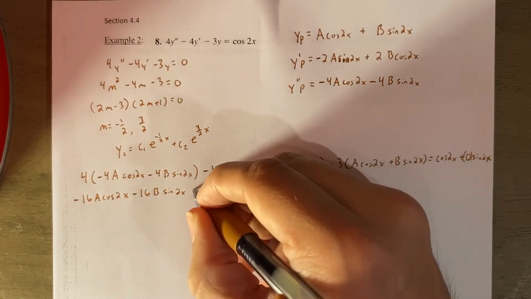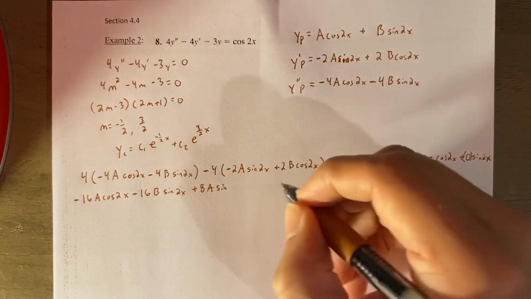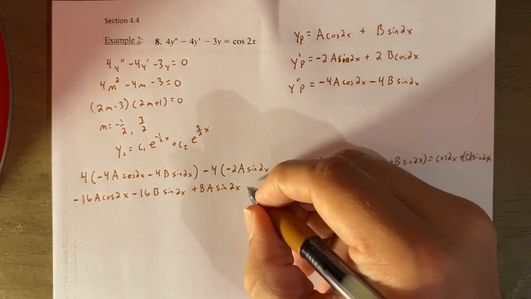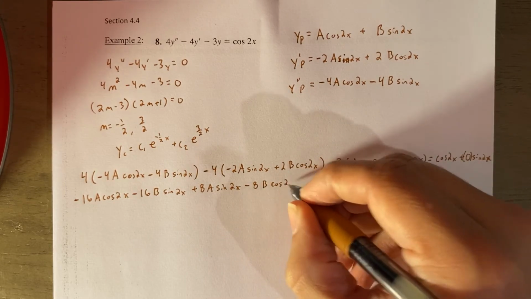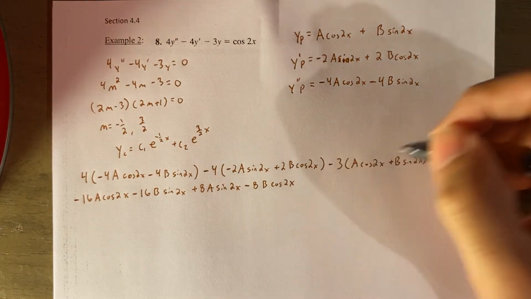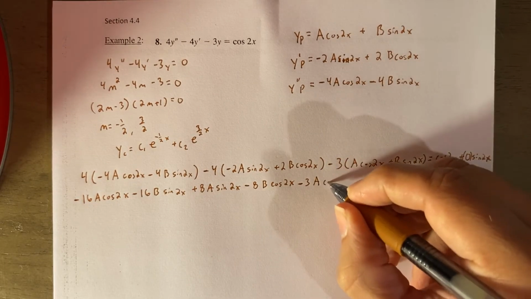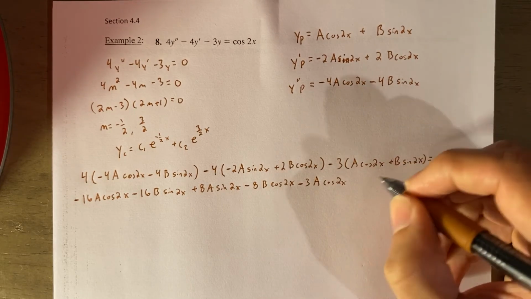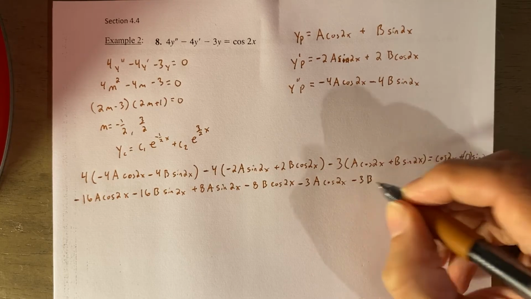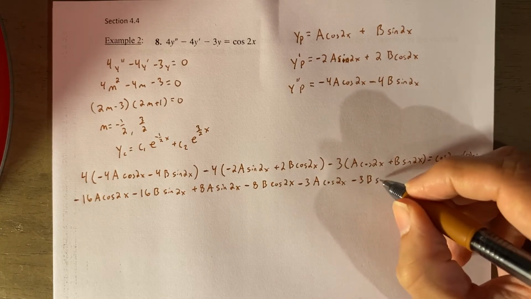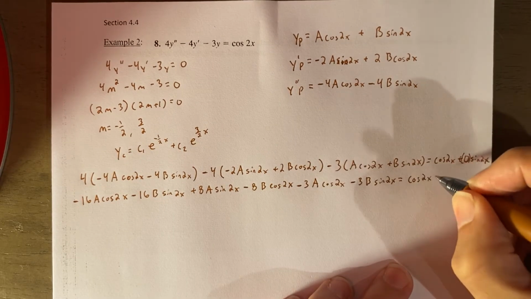A negative times a negative is a positive, so plus 8a sine of 2x minus 8b cosine of 2x. Distribute the negative 3, negative 3a cosine of 2x minus 3b sine of 2x equals cosine of 2x plus 0 sine of 2x.